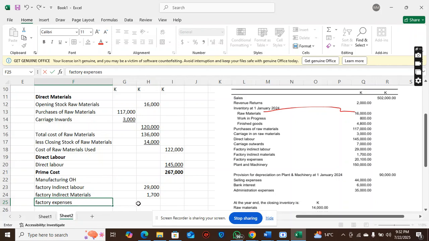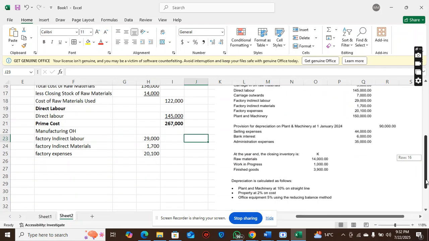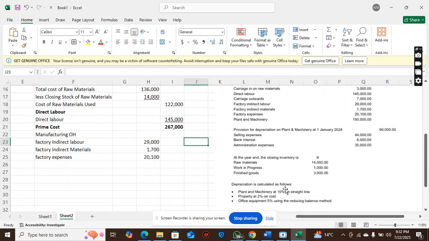Factory expenses 20,100. So plant and machinery. They've told us depreciation for plant and machinery is at 10% straight line. So when you mean 10, you just get 10% of the cost of the plant and machinery.